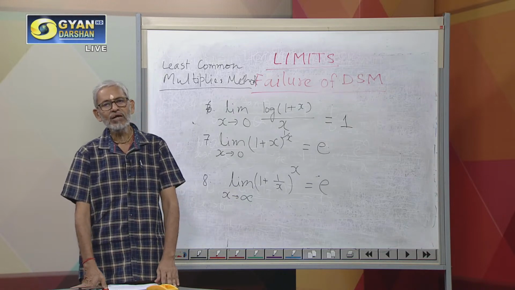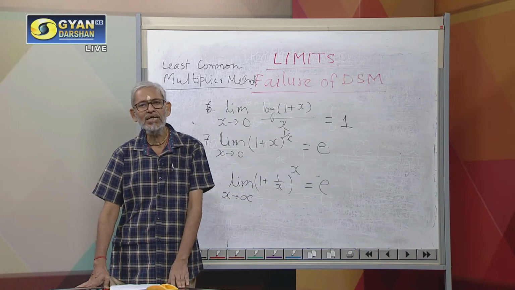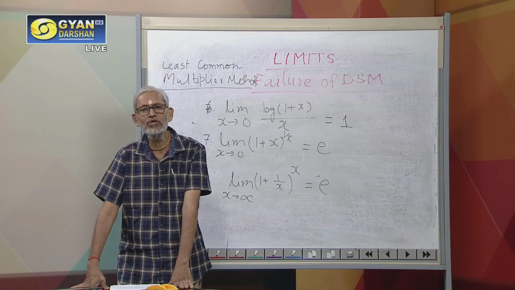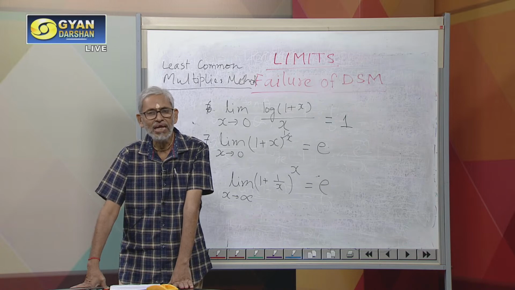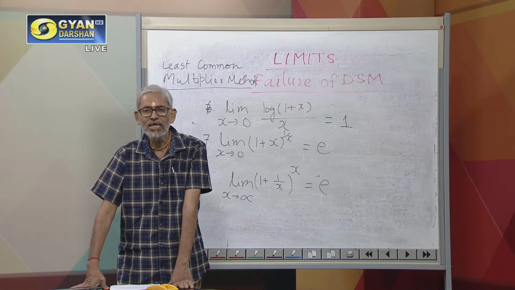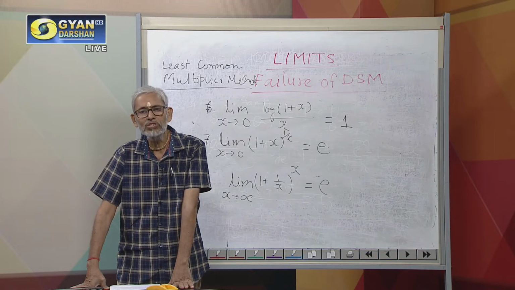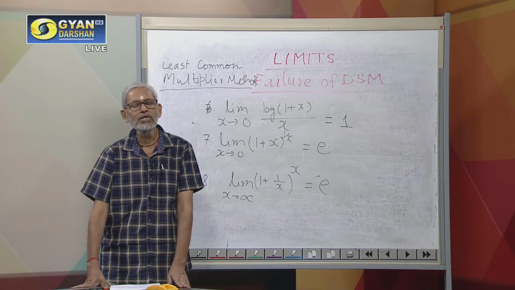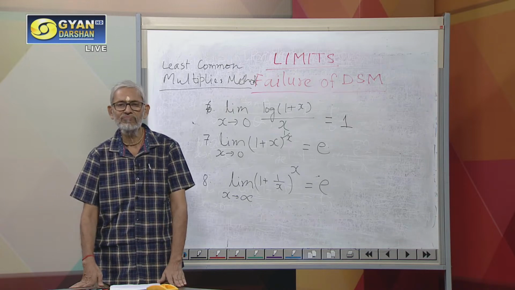Then we learnt the rationalization method, where if square roots or irrational numbers are coming in the numerator or denominator, then we rationalize it by multiplying both numerator and denominator, and then some factors may cancel out and we can find its value.